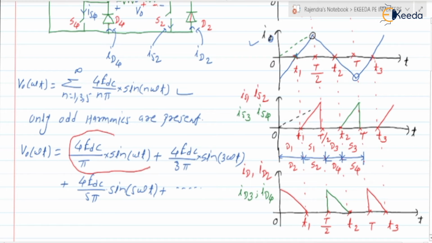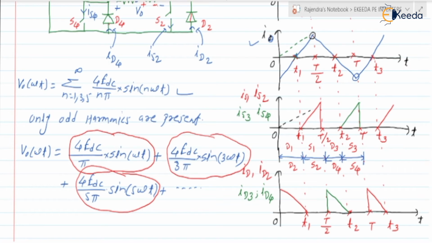This expression is nothing but the output voltage at the fundamental frequency. This is the output voltage at the third harmonic, this is the output voltage due to the fifth harmonic, and similarly we will have output voltages due to the different harmonics.